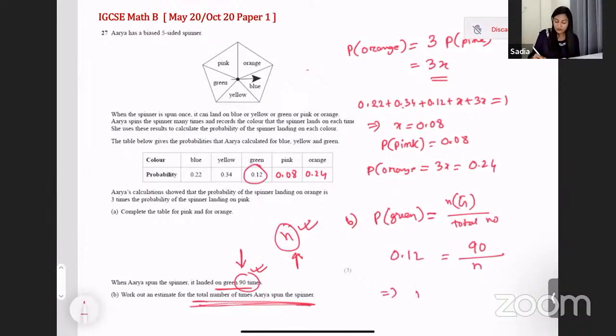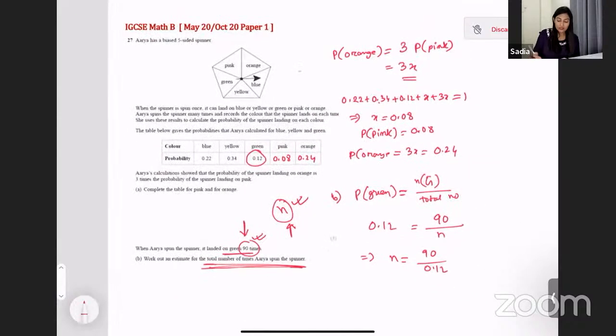Solving this equation gives us the value of n, which is the total number of times you spun the spinner. So n is 750. This was number 27 from May 20 Math B paper 1.